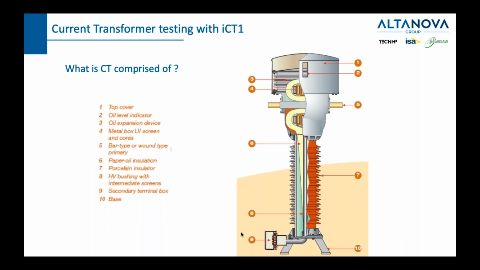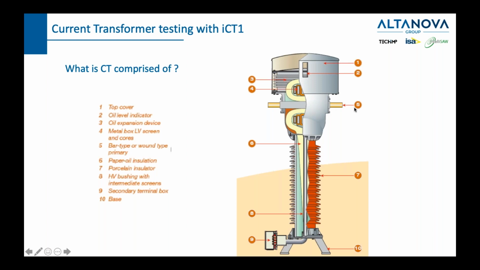This here is another example very similar to this one. Here in this case, we have oil as an insulating medium. That's why we have this top cover to protect everything. And then inside here, you would get oil, and proportionally to how much oil you have inside, that's how much this would raise and show you the amount of oil, since this is an oil expansion device.